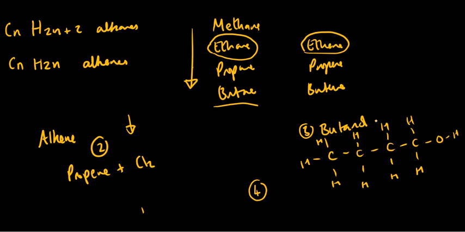So propene is 3, and we would have had the double bond here. So what ends up happening is that we'll have the Cl here, like so. And then finally, if I was to draw methane, then methane is my H and my C, like so.